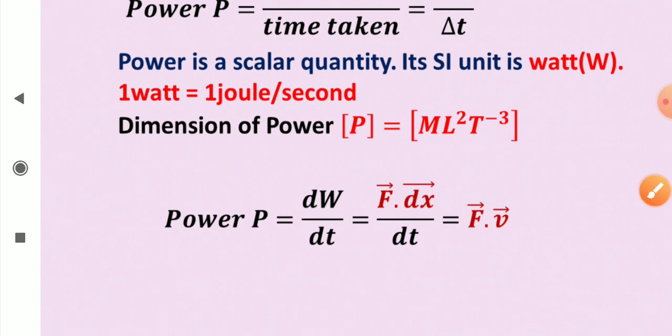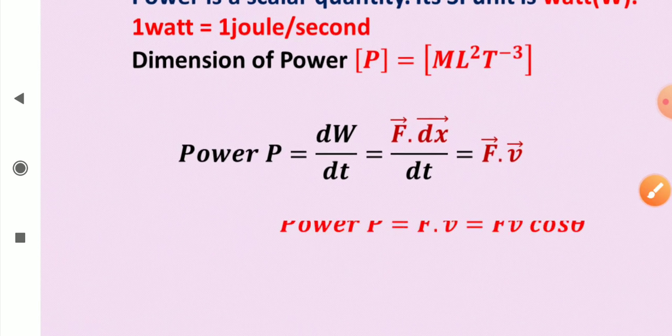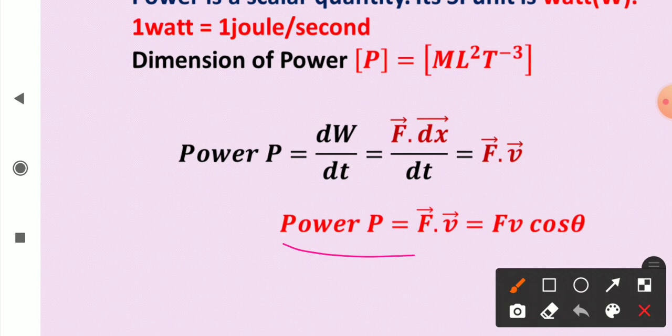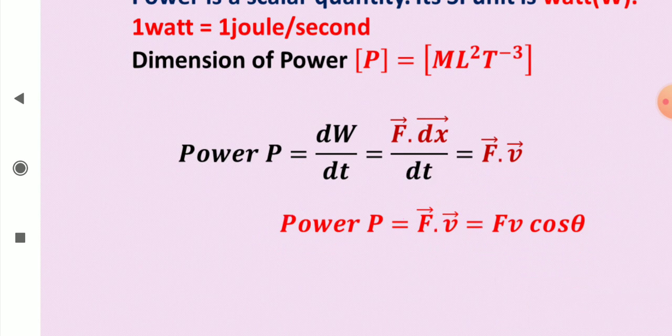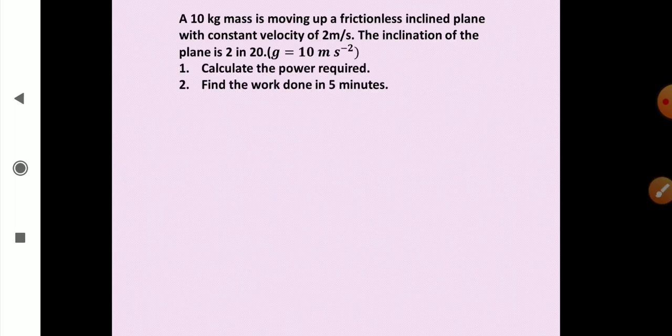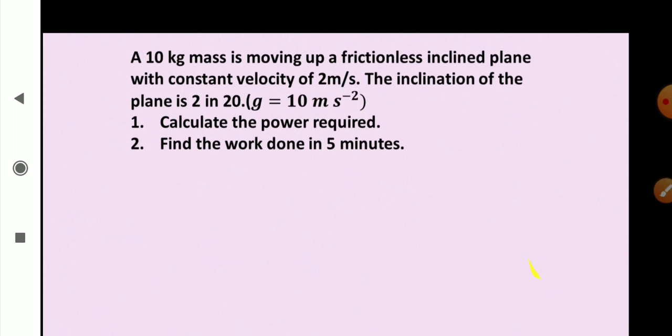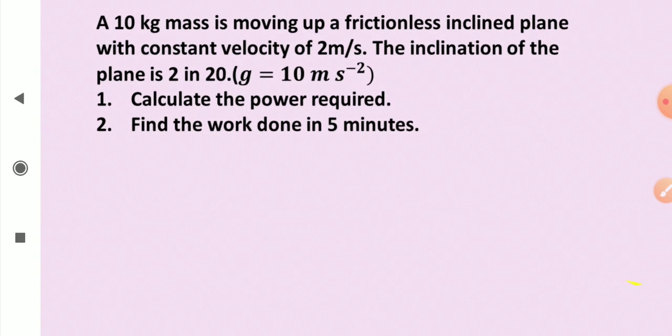So here we have a new relation for power: power is the scalar product of force and velocity, or Fv cos theta, where theta is the angle between vector F and velocity v. And now based on this we are going to solve a very good numerical problem.